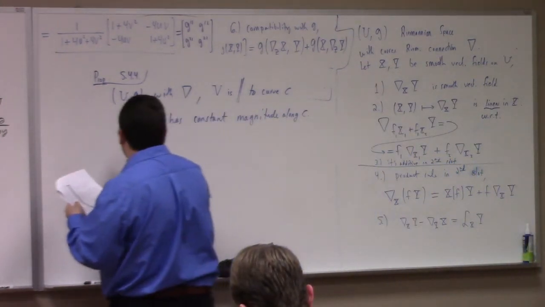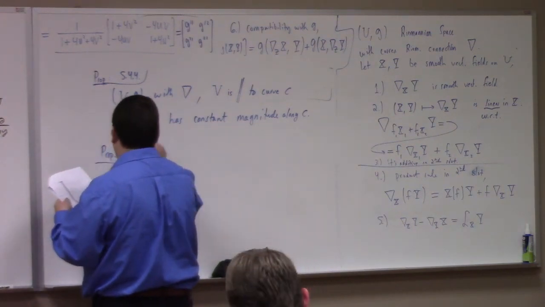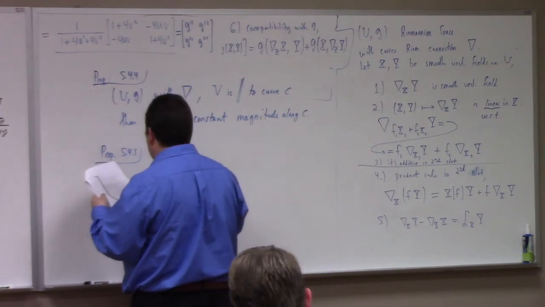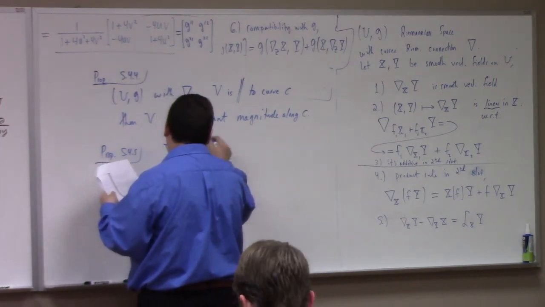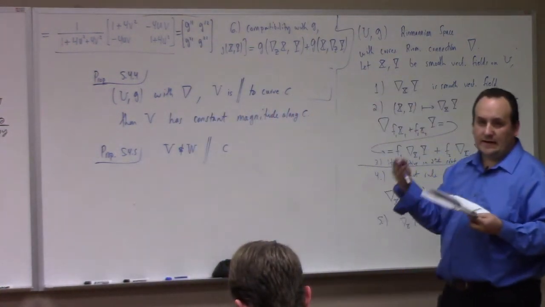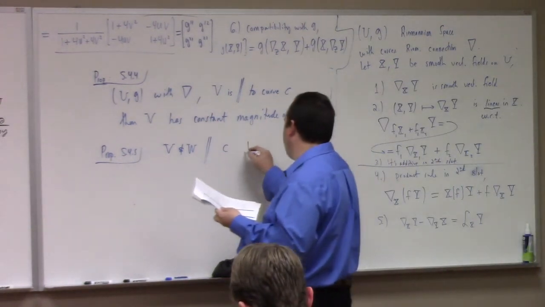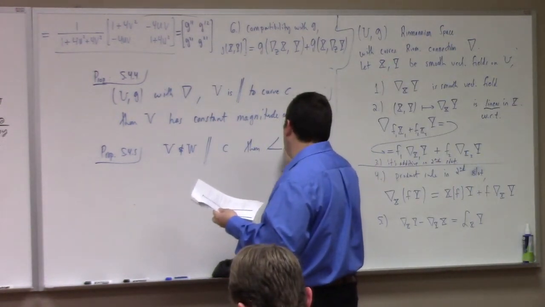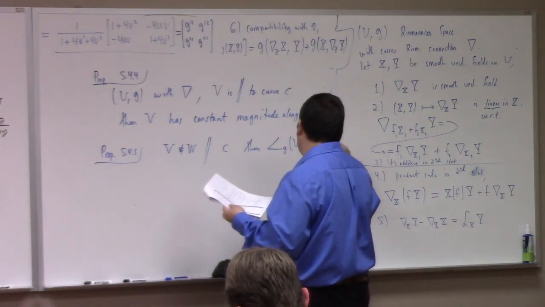Proposition 5.45 says that if you've got V and W parallel to C, again in the context of a Riemannian connection in a Riemannian space, then the G angle between V and W is constant.